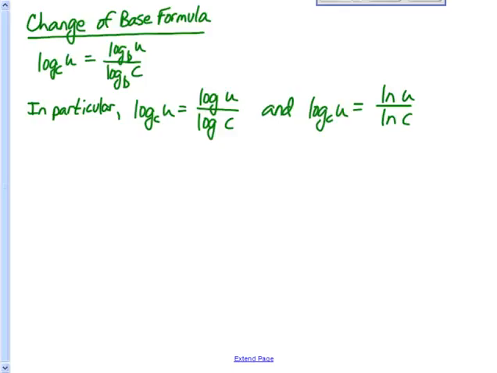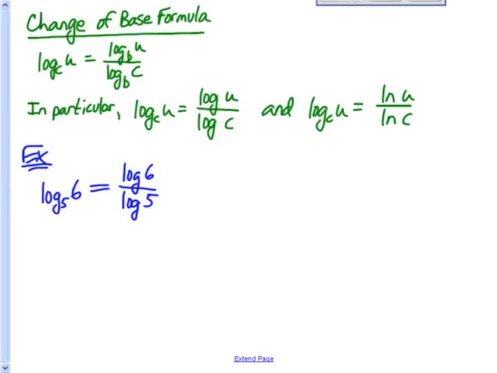Maybe if you see an example, it'll be a little clearer. Let's go with log base 5 of 6. It can be typed into a basic scientific calculator as the following. Let's change it to base 10. So I could go log base 10 of 6 over log base 10 of 5.